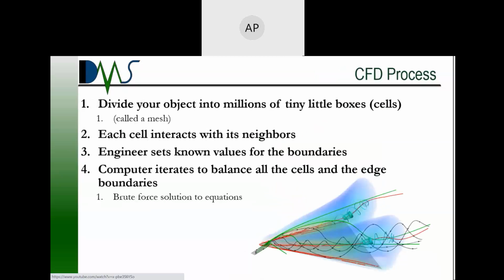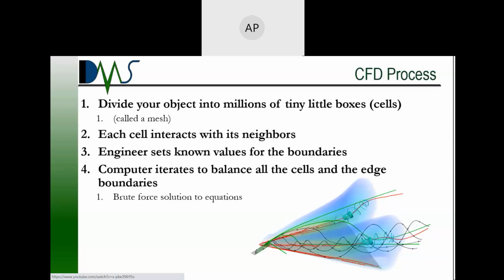You take that idea of solving Navier-Stokes equations on a little tiny box. You divide your object into millions of tiny little boxes. We call these cells, and we call the whole thing a mesh. Each cell interacts with its neighbors. The engineer sets known values for the boundaries along the edges of the mesh. And then the computer uses the power of a brute force iteration to balance out all of the cells along the edges and in between all of the interactions.